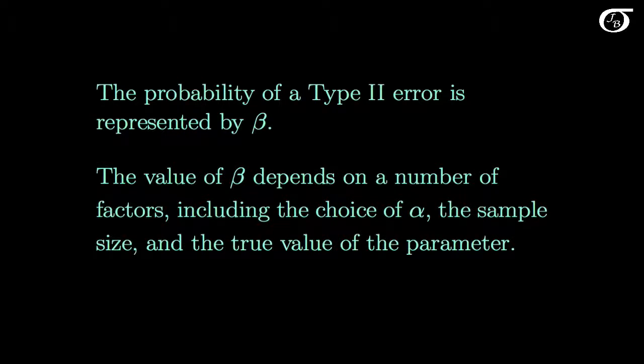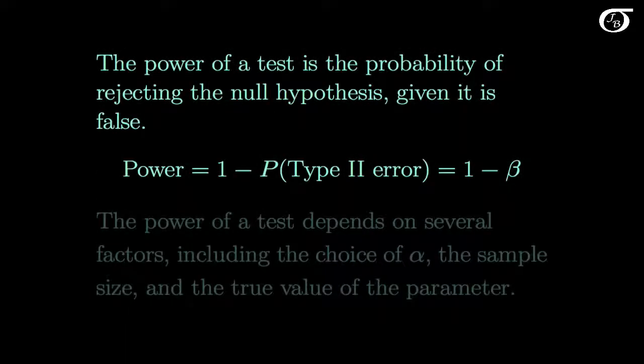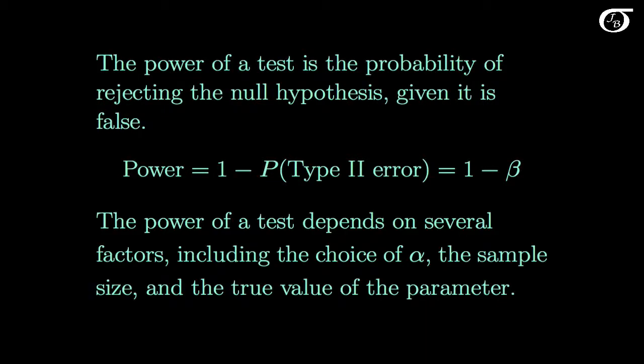The value of beta depends on a number of factors, including the choice of alpha, the sample size, and the true value of the parameter. It depends on other factors as well, such as the alternative hypothesis and the variance. The power of a test is the probability of rejecting the null hypothesis given it is false. Power is 1 minus the probability of a type 2 error, or 1 minus beta. And of course the power depends on the same factors as beta does.